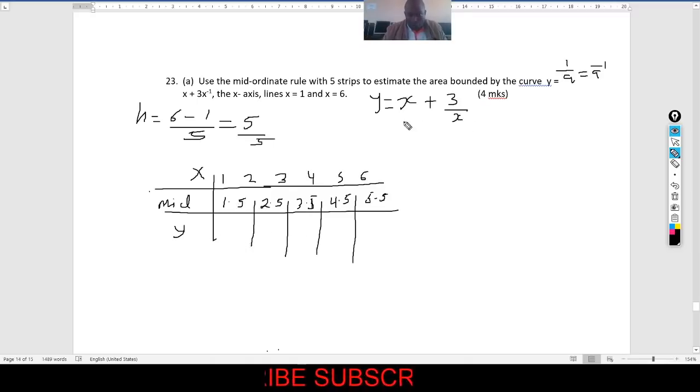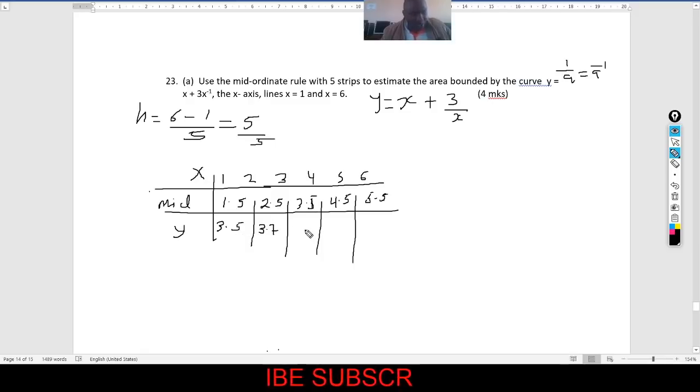We substitute the first one: 1.5 plus 3 over 1.5. Just press in your calculator, you find it is 3.5. The next, 2.5 plus 3 over 2.5, you get 3.7. I'm writing everything in one decimal place.